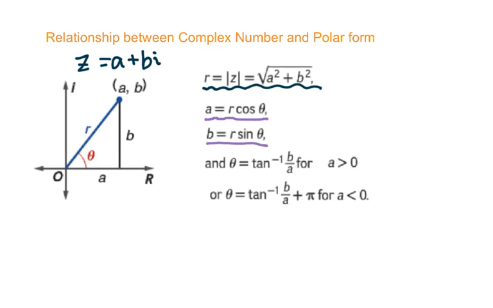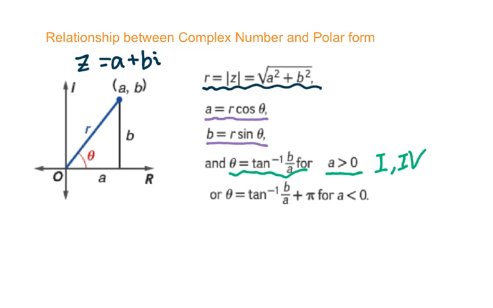For the theta part, you have to be very careful. If a is greater than 0, that means it's in the first or fourth quadrant, then we just take the inverse tangent of b over a.